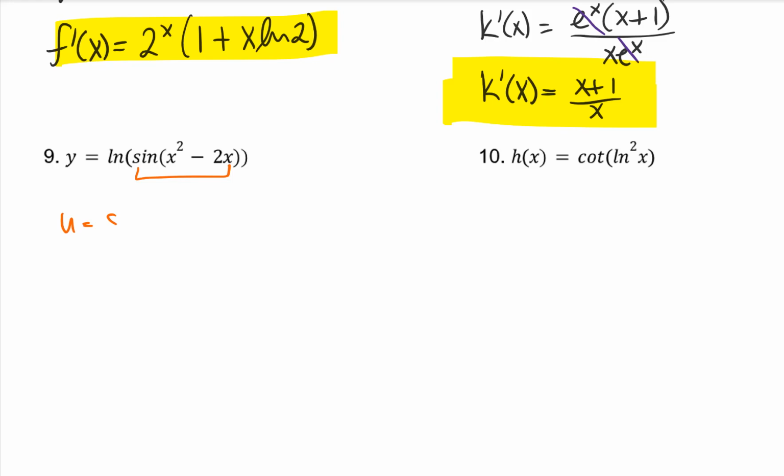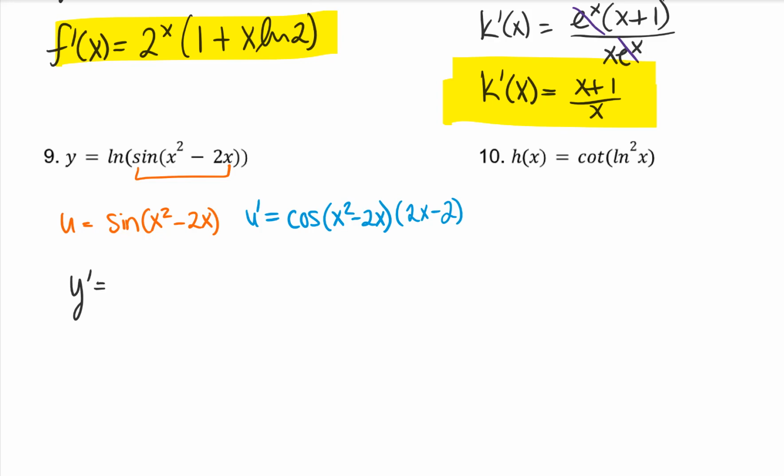For number 9, I'm taking the natural log of definitely u, some giant function of x. U is equal to sine of x squared minus 2x. What does that make u prime? This is a sine of, the derivative of sine of u is cosine u times u prime. U prime is the derivative of this, 2x minus 2.